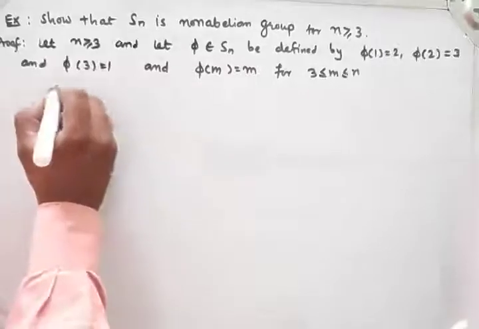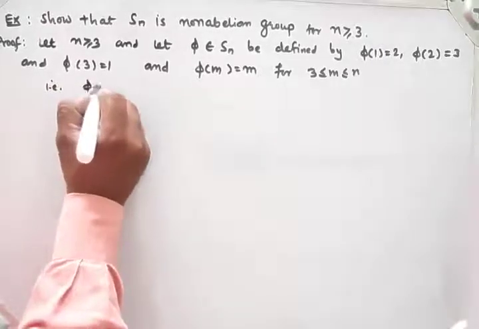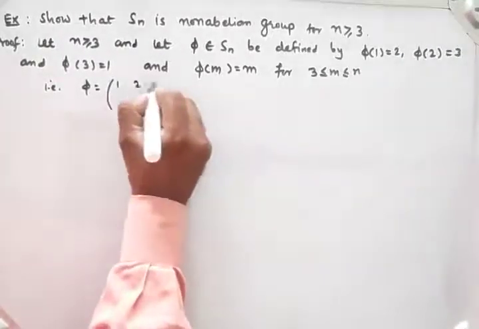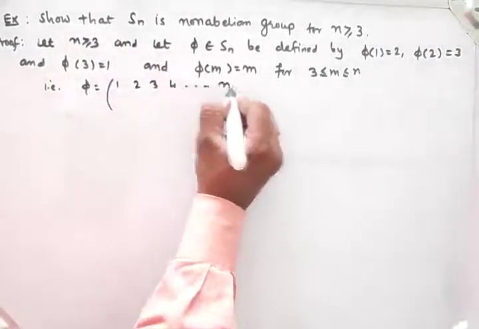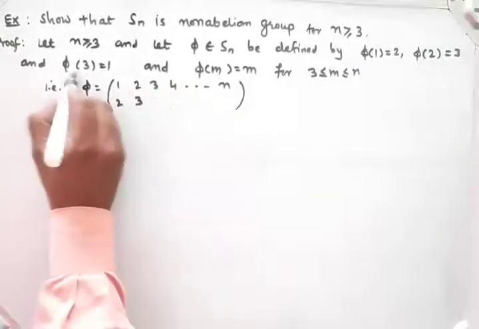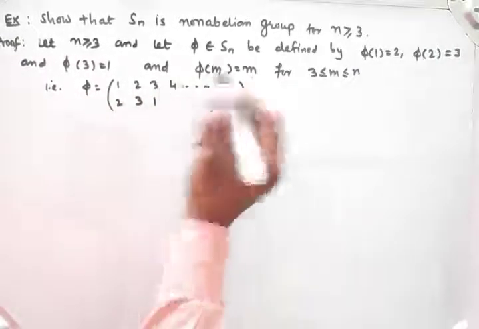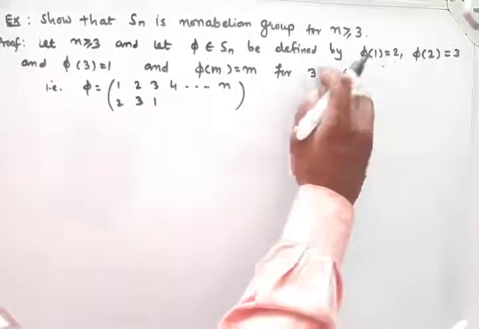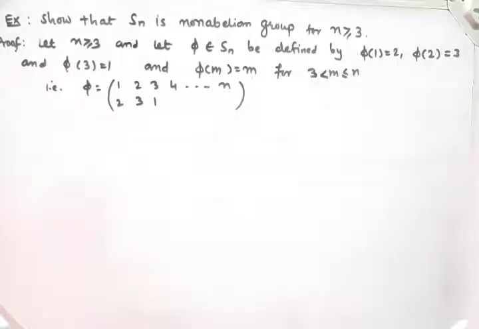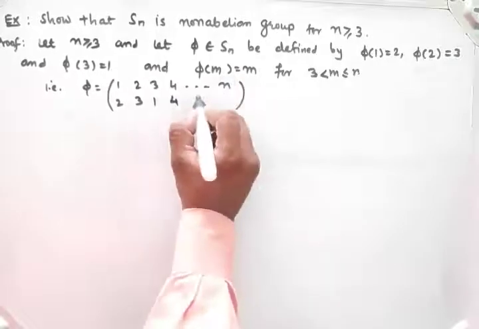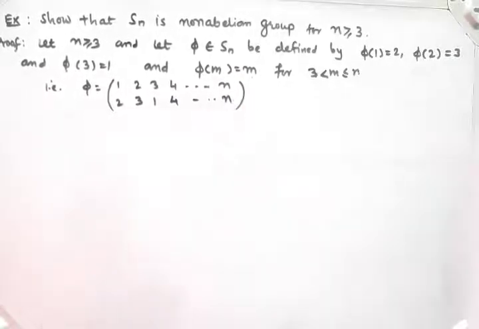I write this phi as a permutation on 1, 2, 3, 4 up to n: 1 has value 2, 2 has value 3, 3 has value 1, 4 has value 4, 5 has value 5, up to n has value n.